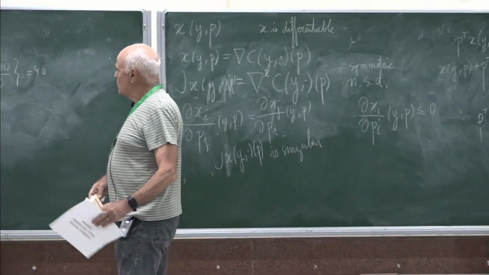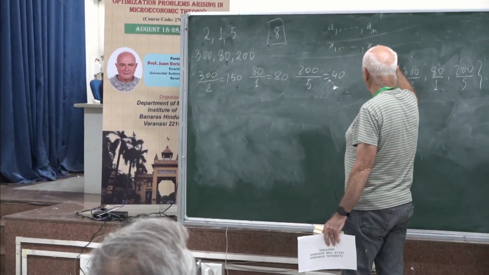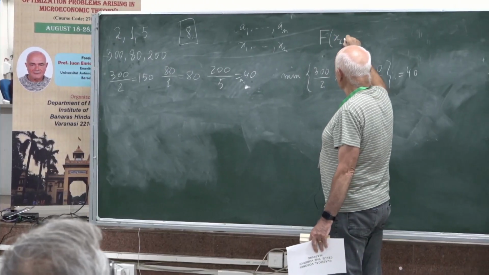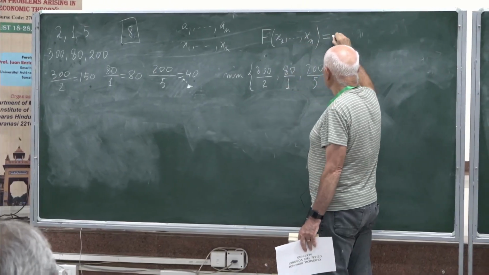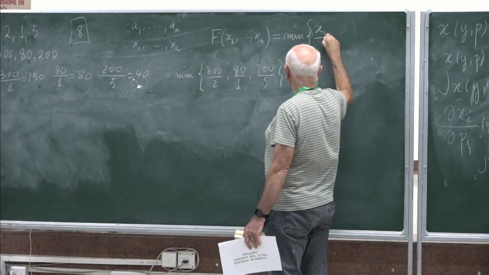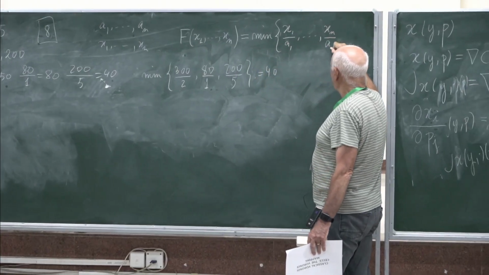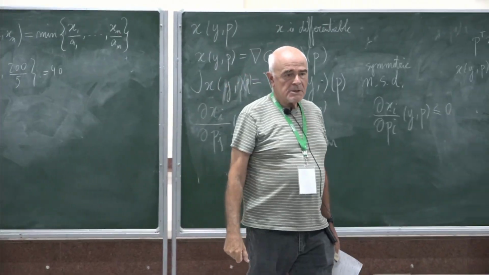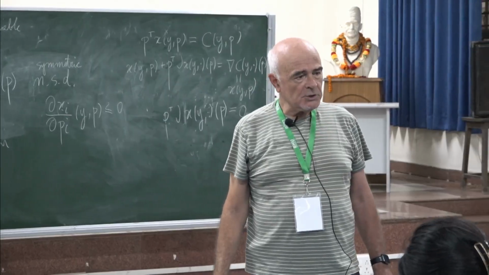Then when the inputs I use are x1, ..., xn, the production function is the minimum of x1 over a1, ..., xn over an. So this is a very reasonable production function.